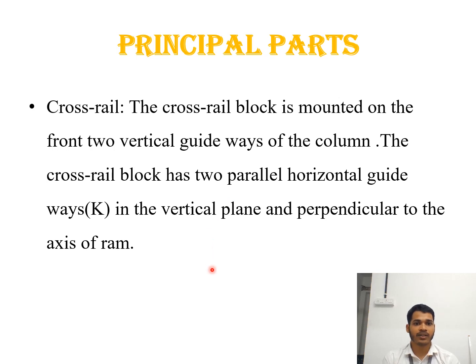Cross rail: the cross rail block is mounted on the front two vertical guideways of the column. The cross rail block has two parallel horizontal guideways in the vertical plane, perpendicular to the axis of the ram.